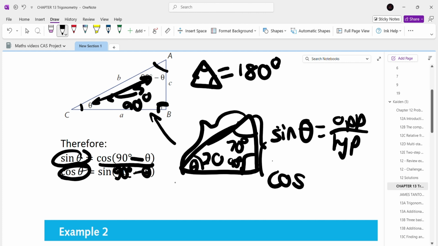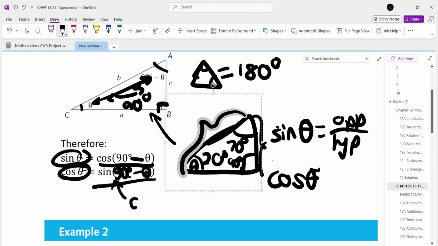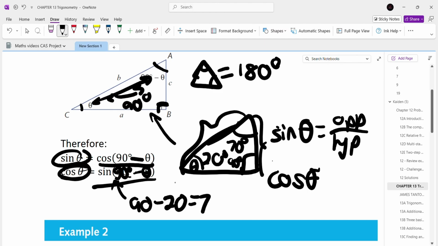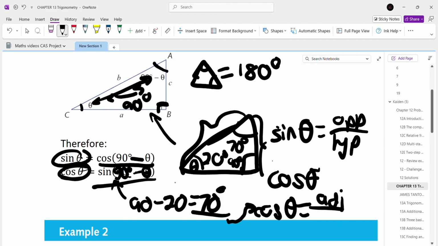So cosine of 70 is just this. We have 20 degrees as our theta here, so we do 90 minus 20 gives us 70, and this is equal to sine theta, because cosine of 70 equals opposite over hypotenuse.